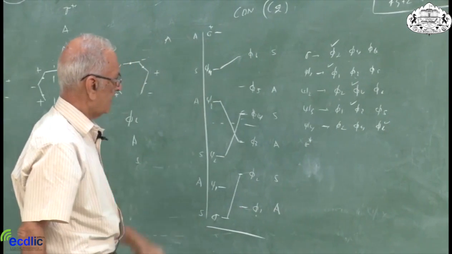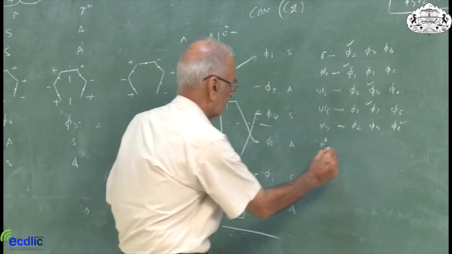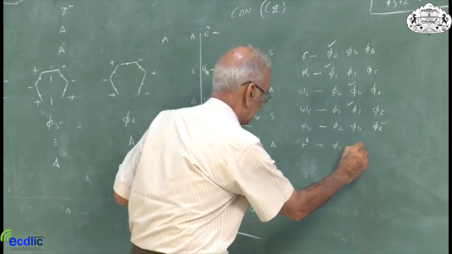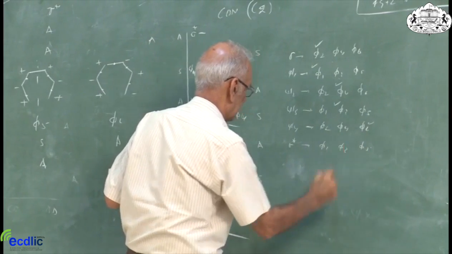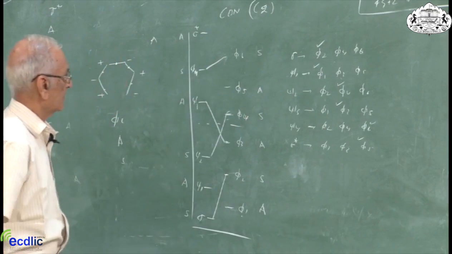Sigma star is anti-symmetric, therefore, it can go to 1, 3 or 5. 1 and 3 are occupied, therefore, I join it to 5.